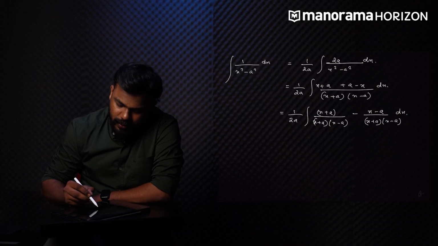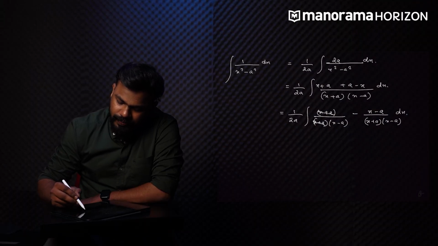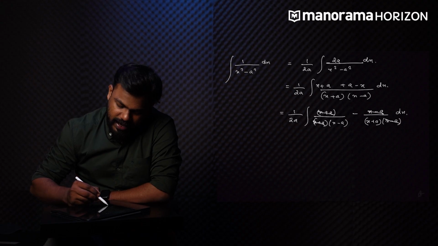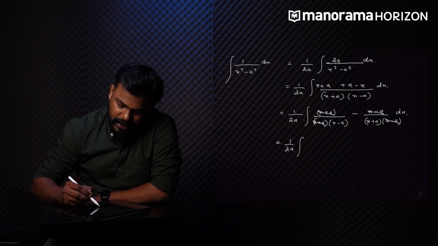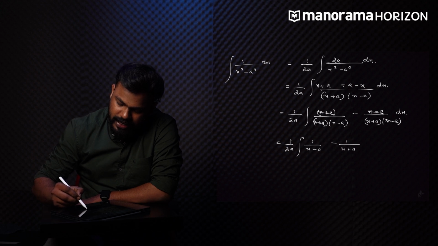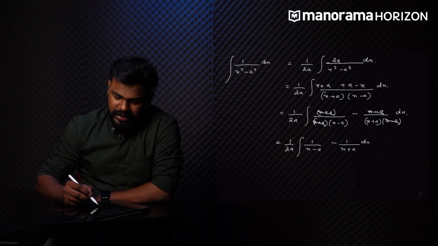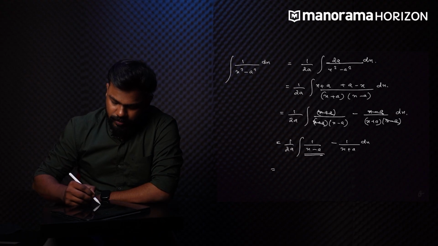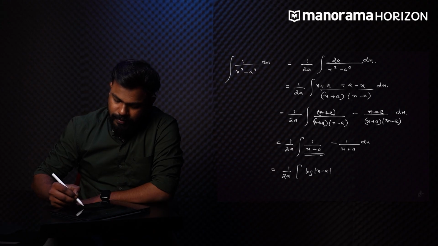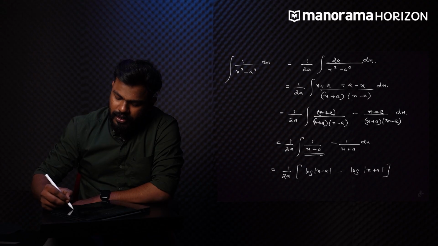Yes. So now can I cancel this x plus a and x plus a here, x minus and x minus over here? I get 1 by 2a integral of 1 by x minus a minus 1 by x plus a dx. Now what is the integral of 1 by x? Log x. So the integral of 1 by x minus a will be 1 by 2a, log mod x minus a, minus the integral of 1 by x plus a, log mod x plus a, plus c.